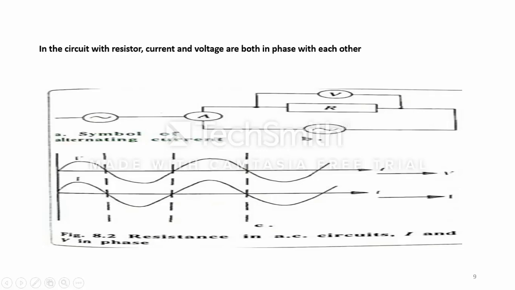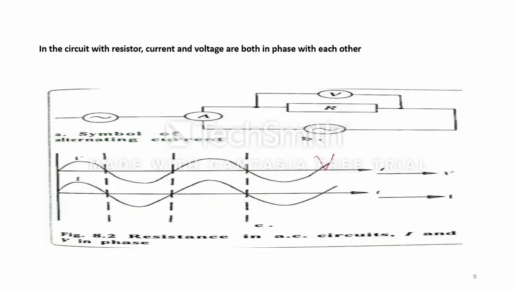In this kind of circuit, look at the diagram for the current and voltage. The one on top here is voltage, and the one below is current. This is V, this is I. They are both in phase.